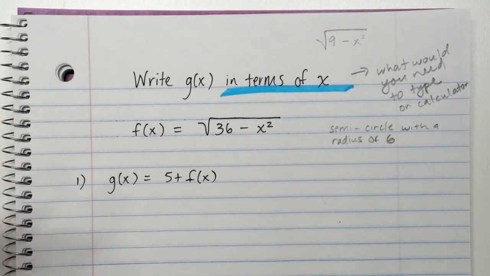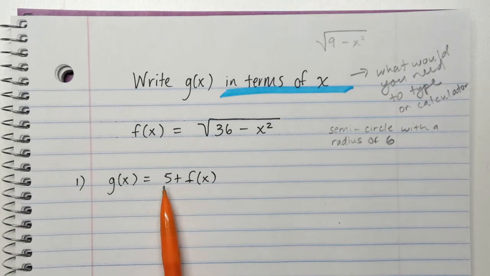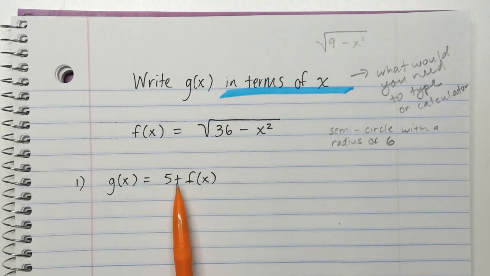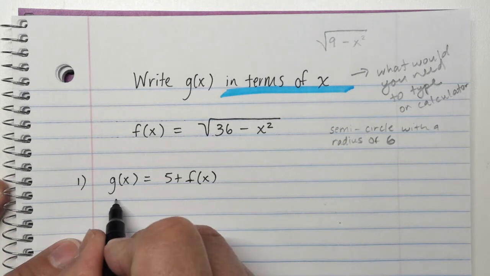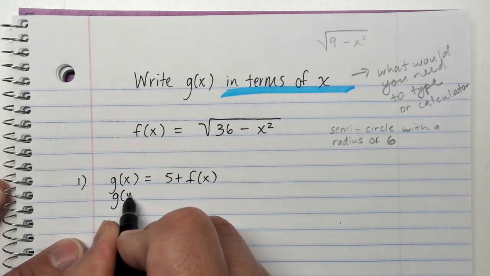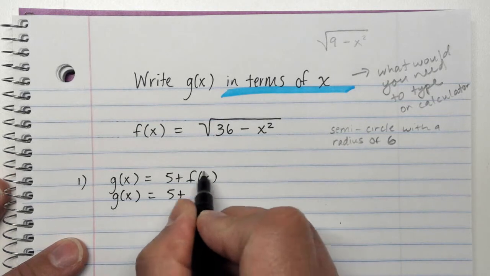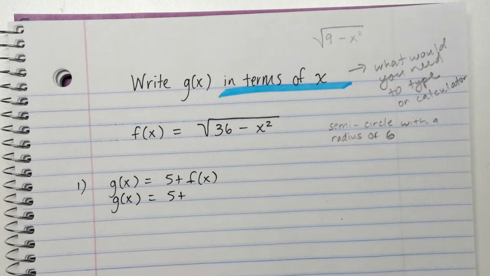Based on the previous lesson, you know it's going to be a vertical translation up 5 spaces. So, how do you get your calculator to draw a semicircle that's vertically translated up 5 spaces? I'll show you. All you have to do is replace the f of x with whatever f of x is.